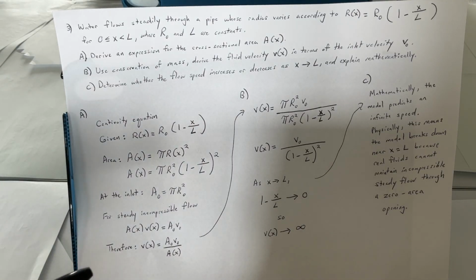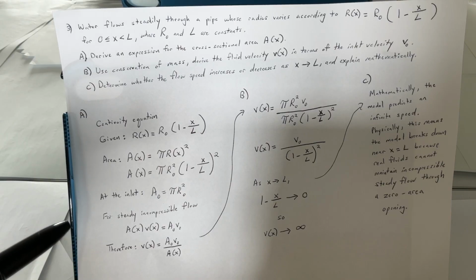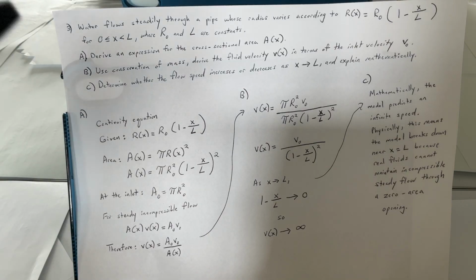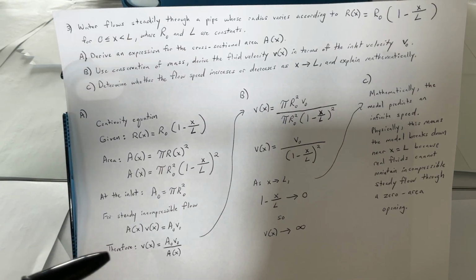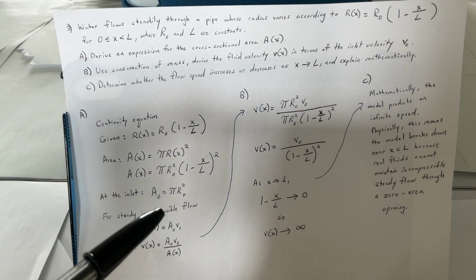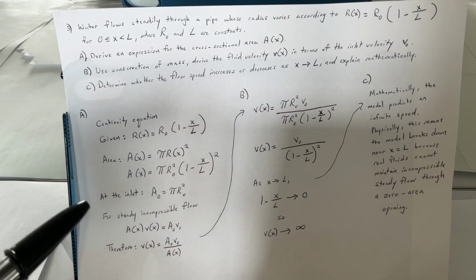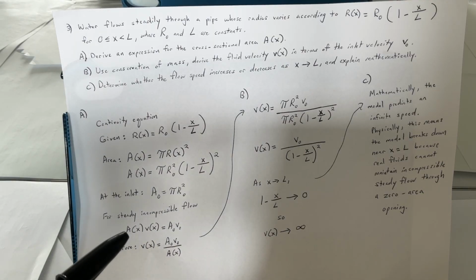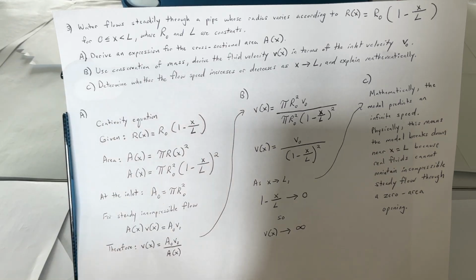Just trying to get through this video in an efficient time manner, so you could pause or you could go back to anything you want, and you could still hear it. For steady incompressible flow, what we have here is the product of A of x and V of x. So we'll call that A naught times V naught.